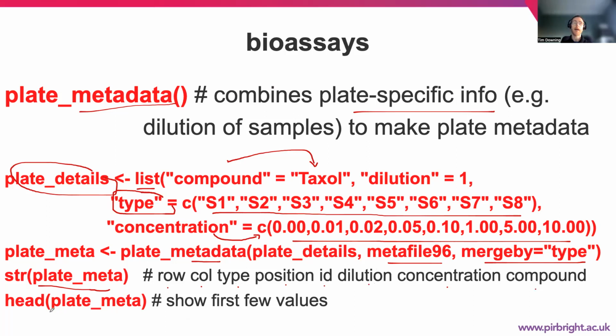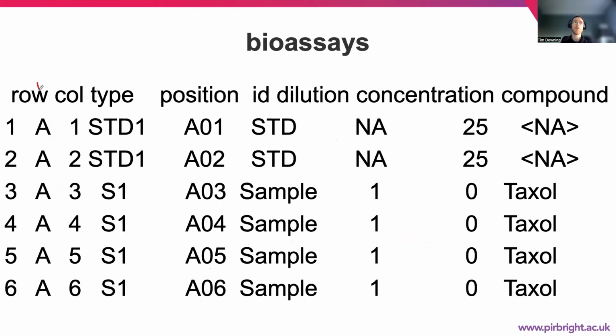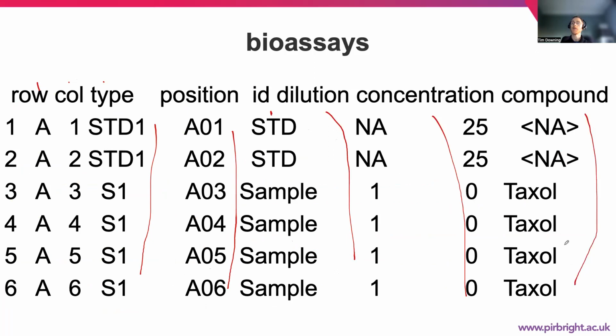And we can look at the head of the metadata as well. So you can see here the rows, A, B, C, D, whatever columns, the type, which is the metadata, the position, which is the well, the ID, the dilution level, the concentration, and then the compound as per relevant.